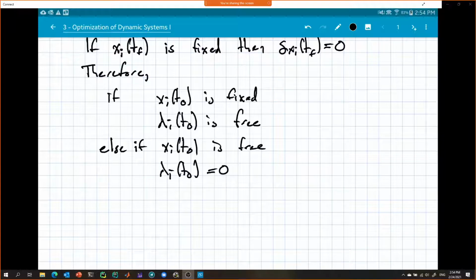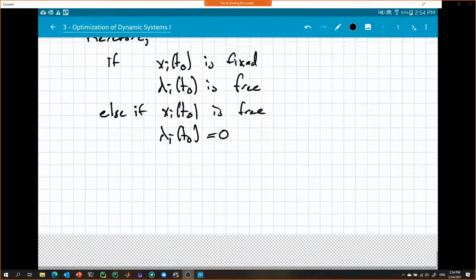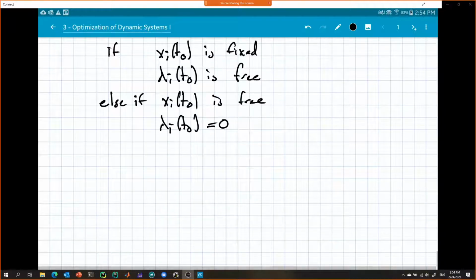So this is what I explained. If the ith state is fixed, then the ith entry of lambda is free, and if the ith state is free, then the ith entry of lambda is 0.